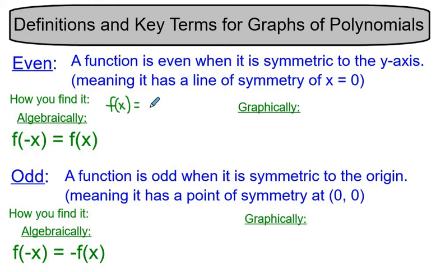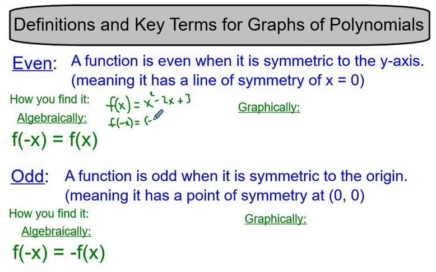So let's say I have f of x is equal to x squared minus 2x plus 3. That is not going to be even, though, because it will only cancel out here. Let me show you what I mean. If I put in negative x, the exponent does not mean it's even.